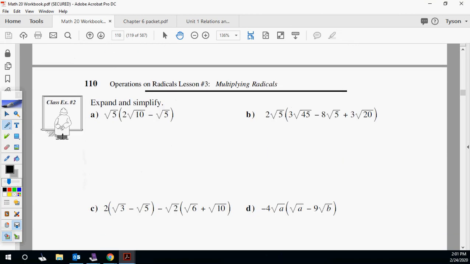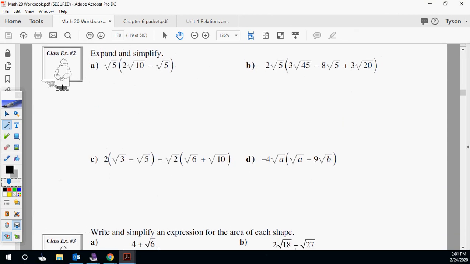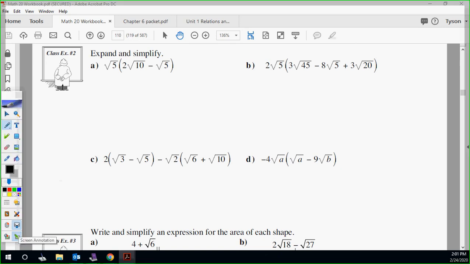All right. So expand and simplify. The biggest thing here is we are distributing. So you have a bracket with something on the outside. So it's going to go like this and like this. So for example, the first one, there's no number here, so it's just a 1. So the 2 just stays at 2. Root 5 times root 10 is root 50. Whoa. Root 5 times root 10 is root 50.